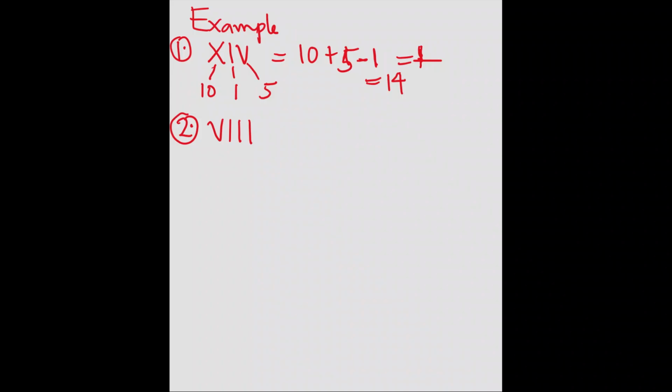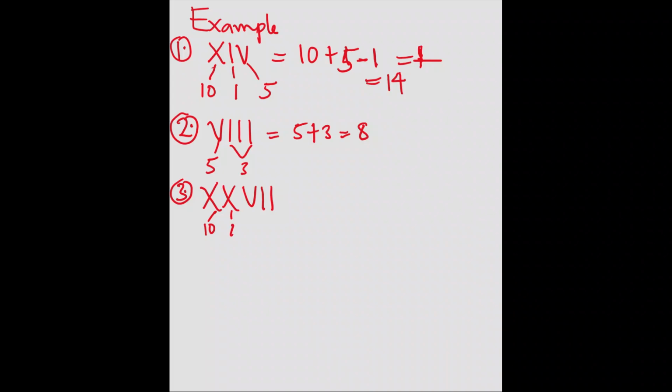Okay, and number 2, we have VIII. V is 5 and III is 3. We know that already. So that is 5 plus 3. That's 8. And then the next example is XXVII.